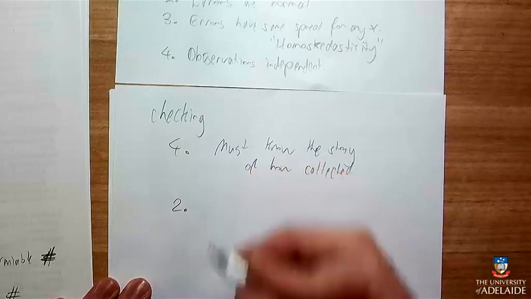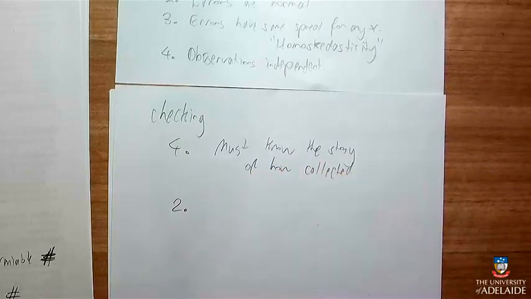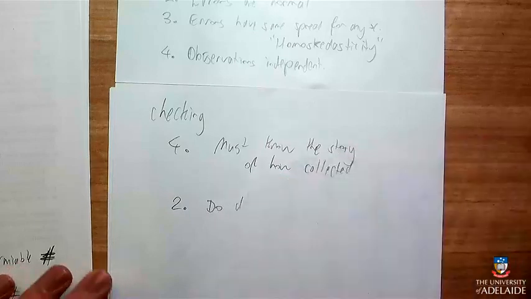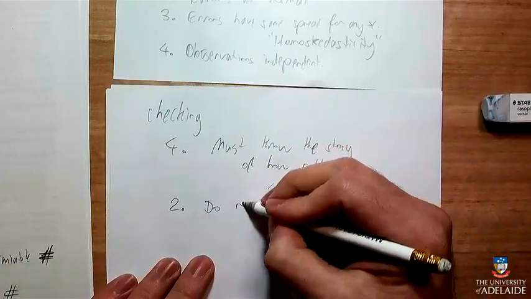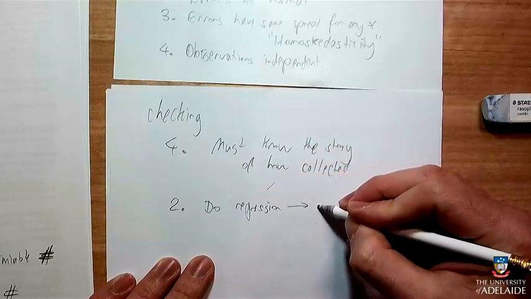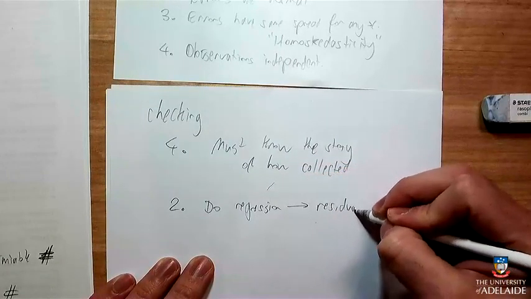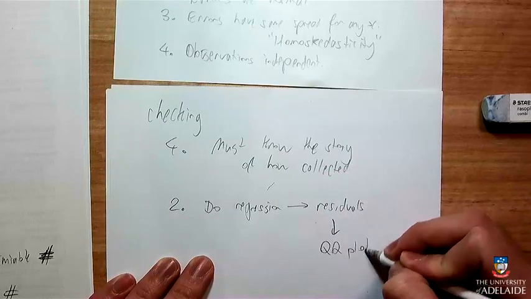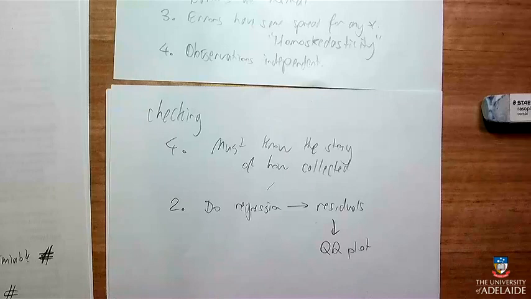Number 2 is to find the residuals: you do the regression, get the vector of residuals and make a quantile plot. That's what you do in this course, isn't it? Okay. Some courses you just draw a histogram and go, yeah, it looks normal. And in some courses you will do the Shapiro-Wilk test.